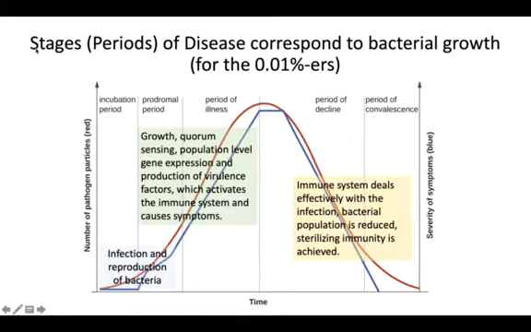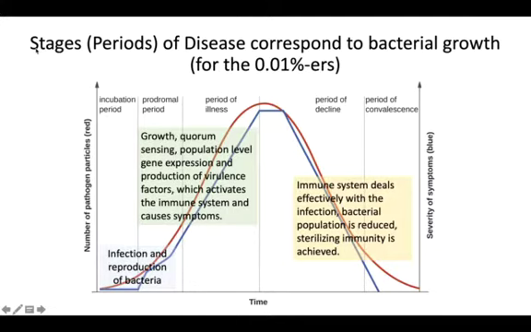So anyhow, what happens? Our immune system starts kicking in, and in the infection, normally we have a period of decline. The population starts to decrease because our immune systems are dealing effectively with that infection. And if we've got a good immune system, at some point, hopefully not too long, sterilizing immunity is achieved.